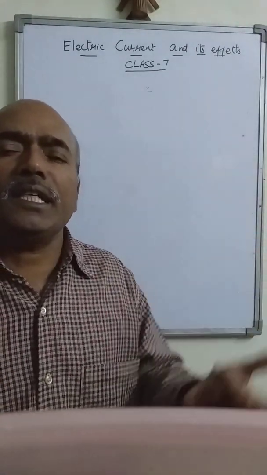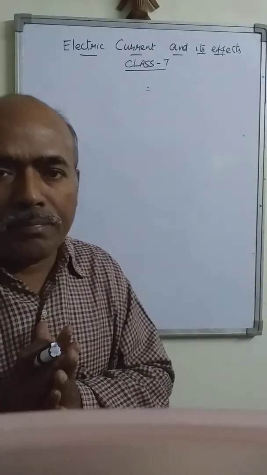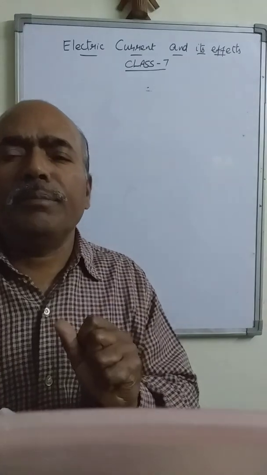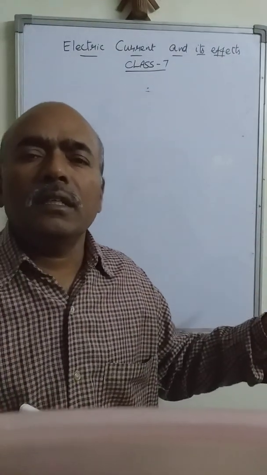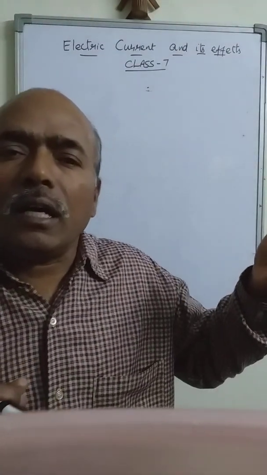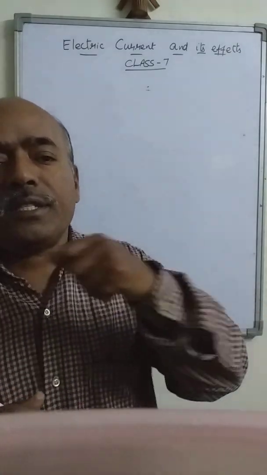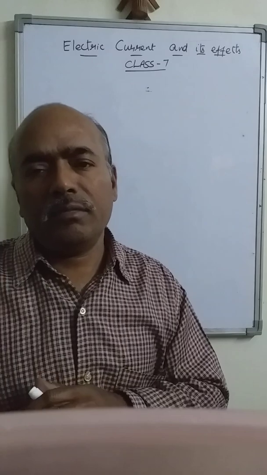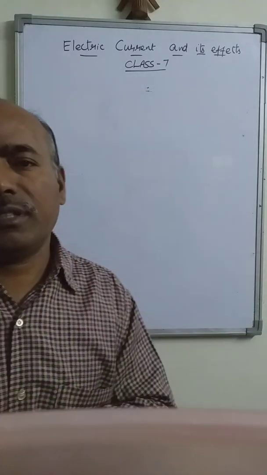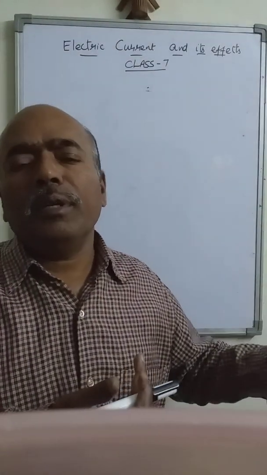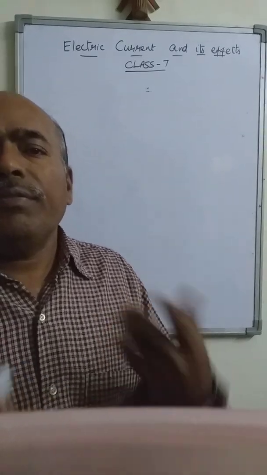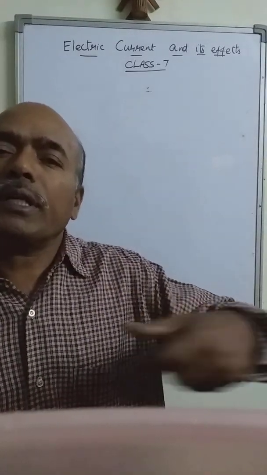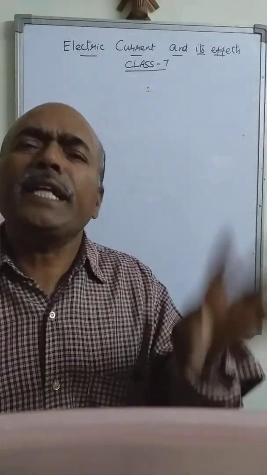That means we are passing electric current through those appliances. Suppose we take any particular appliance, for example, the iron box, the device which we are using for pressing the cloth. Or you can take the example of a heater, or a water heating rod, any kind of appliance.